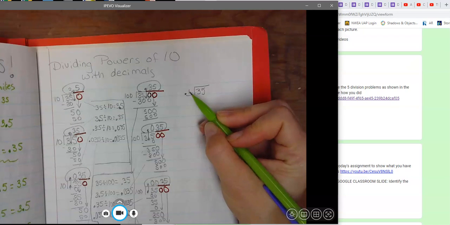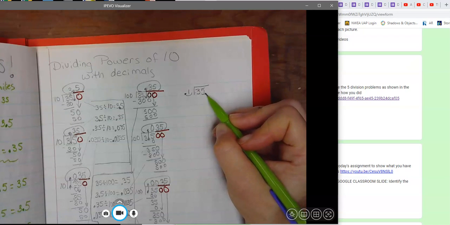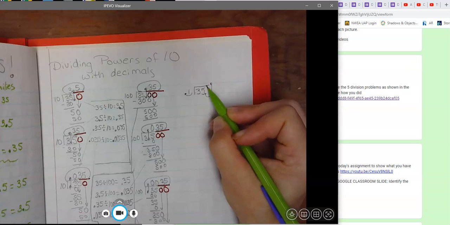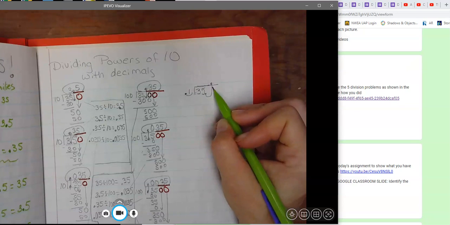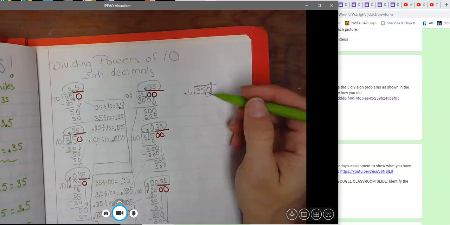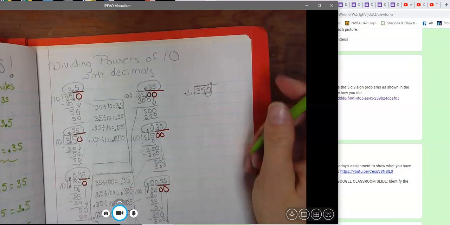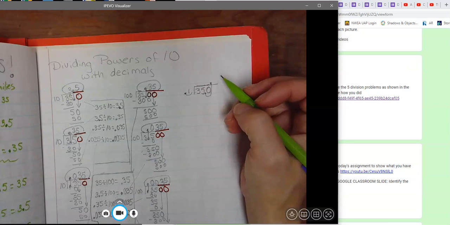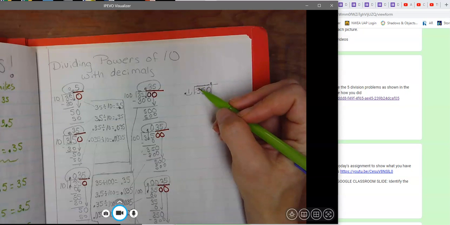We need to move the decimal so that we have a whole amount. Whatever you do to the outside decimal, you must do to the decimal under the bracket and bring it straight up into the answer. I call that edging. You can call it whatever you want. Fill all of your spaces. And then you just divide.